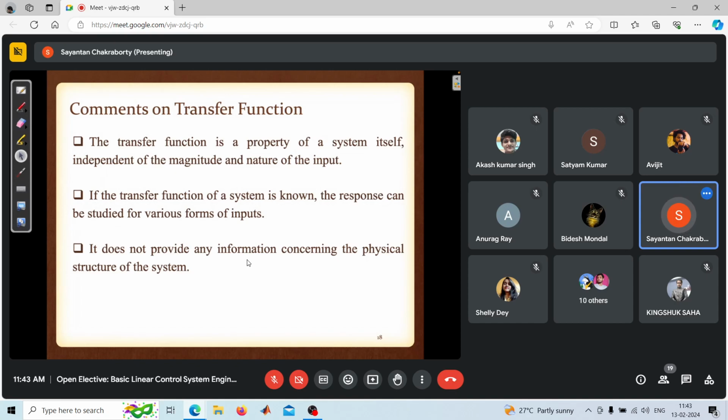So in that sense, you cannot say just by looking at the transfer function whether it's a mechanical system or an electrical system. So it's a kind of universal representation, which only represents the input to the output.